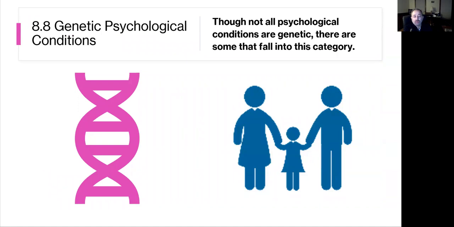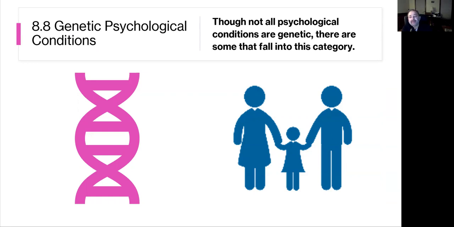So now we will look at the genetic psychological conditions. Though not all psychological conditions are genetic, there are some that fall into this category. These include, for example, schizophrenia, bipolar disorder, depression, ADHD, and ASD, autism spectrum disorder.